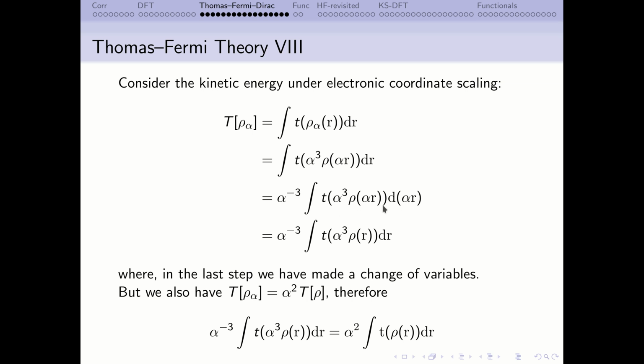Now we change coordinates, set alpha r equal to r prime, and then drop the prime, and that gives us this line here. So we have alpha to the minus 3 times the integral of t of alpha cubed rho of r, dr. I have set alpha r equal to r prime, which makes this dr prime rho of r prime. And since r prime is a dummy coordinate, I'm integrating over all r primes, I can drop the prime to give us rho of r back again.